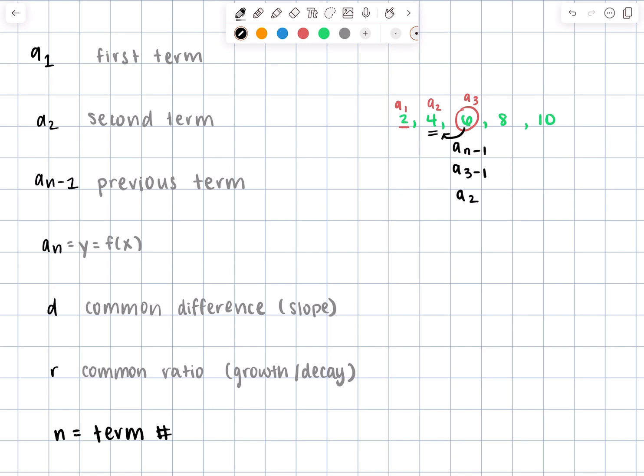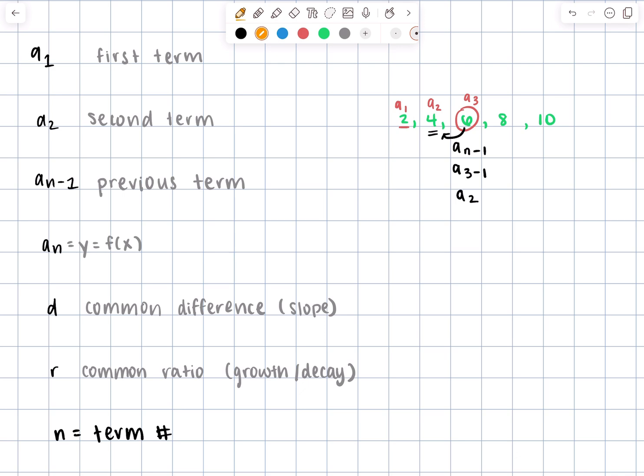Now a sub n is just these numbers, 2, 4, 6, 8, 10. Those are our results. Moving on to common difference, here we have our slope, so plus 2, plus 2, plus 2. So we actually have a common difference for this, not a common ratio, because we're adding.